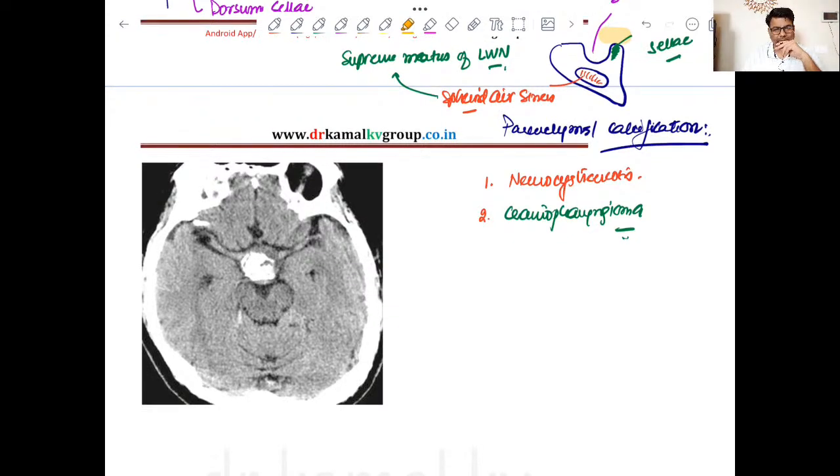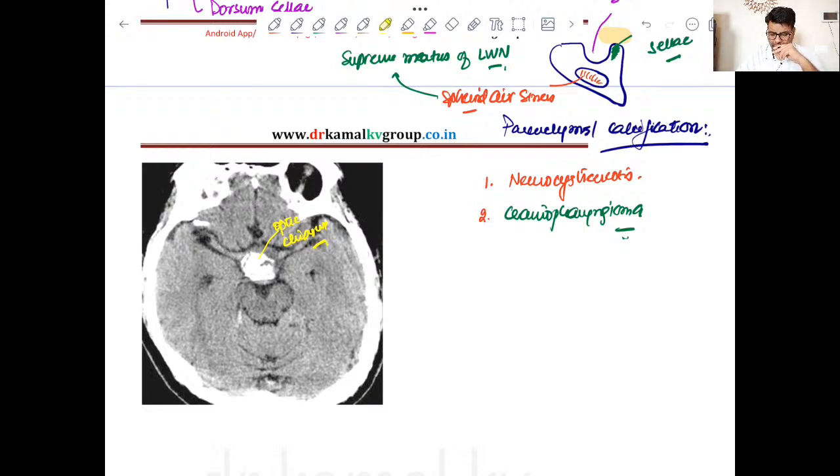Now this is the transverse section, okay, and this area is actually the area of optic chiasma. And I think most of you must be knowing what optic chiasma is.